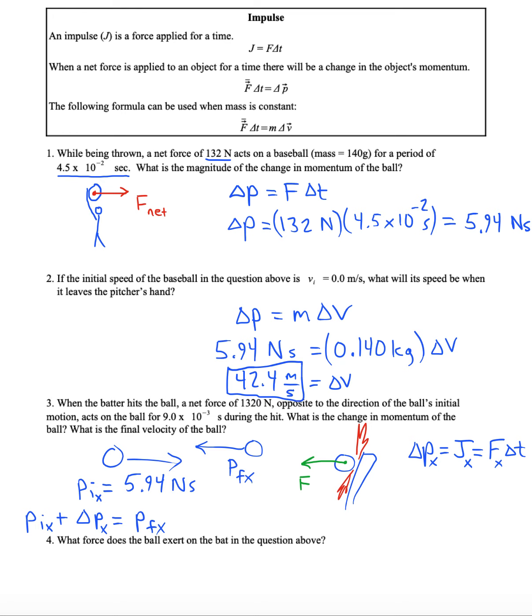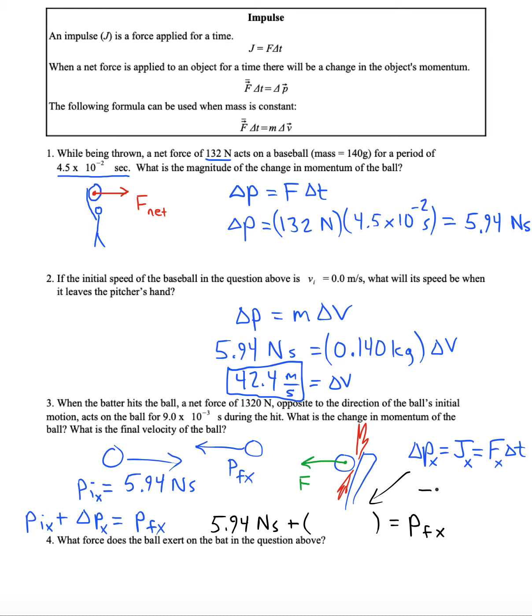Okay, so let's see. We're going to have over here 5.94 Newton seconds plus our change in momentum equals the final momentum. Let's figure out what that change in momentum is, because that is what's going to go in here. We want to multiply the force times the time.